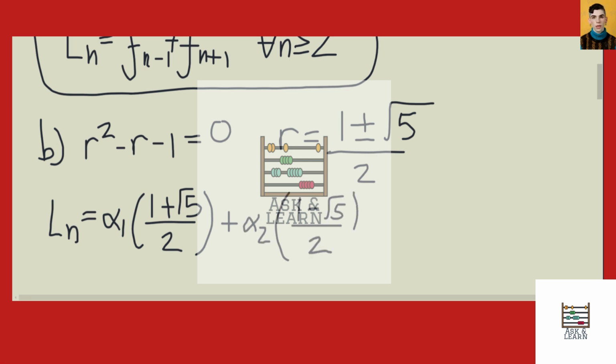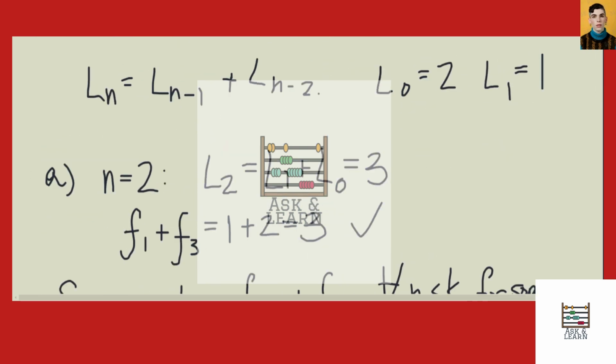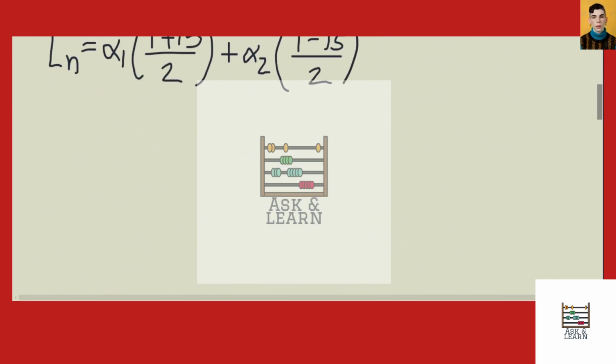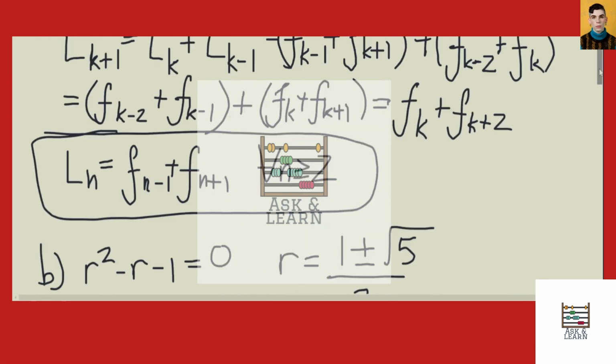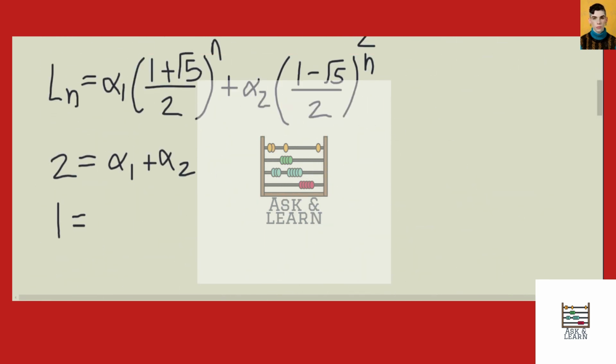And from our initial conditions, we have that 2 is equal to, and these are both to the n, alpha_1 plus alpha_2, and we have that 1 is equal to (1 plus root 5)/2 times alpha_1 plus (1 minus root 5)/2 times alpha_2.